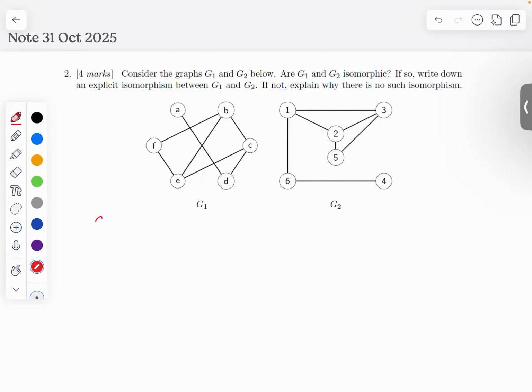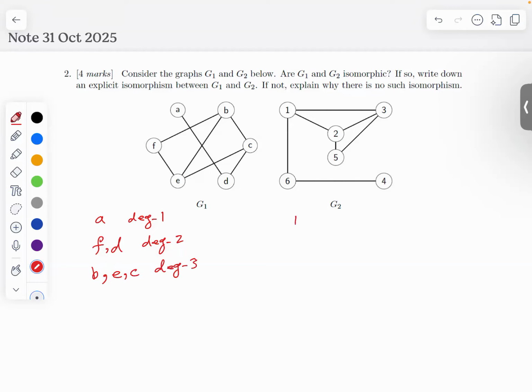So we see that A is degree 1, and what we have is F, D degree 2, and B, E, C degree 3.